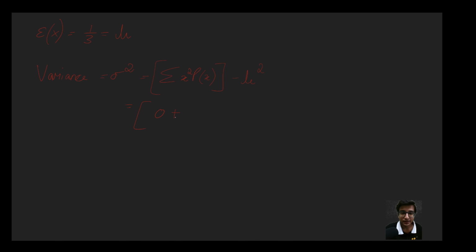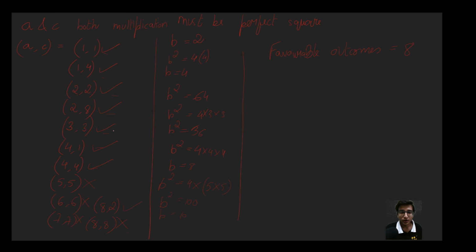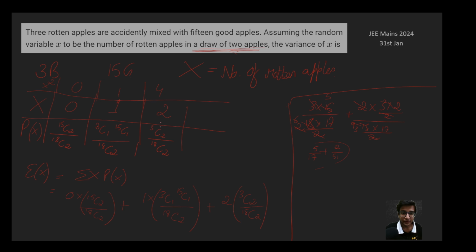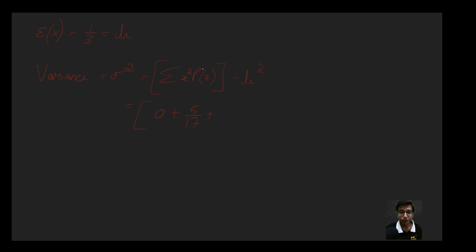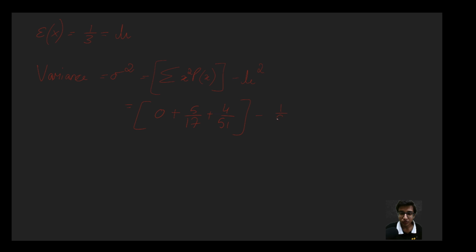So 0 plus 1 into 1 square is also 1. The values of x square would become 0, 1 and 4. So from here we can say that this would become 5 by 17 plus this one is 2 by 51. 2 by 51 into 2 would make it 4 by 51, minus mu square, and my mu is 1 by 3, so 1 by 9.